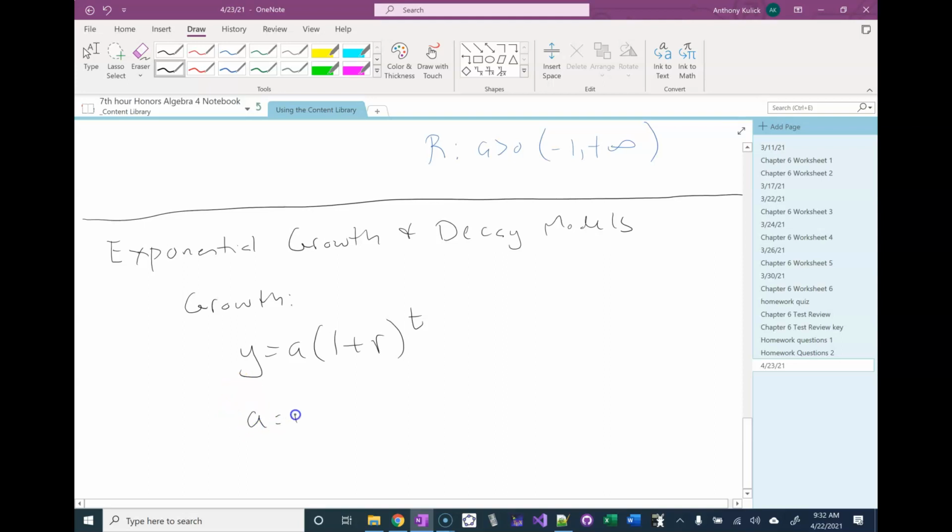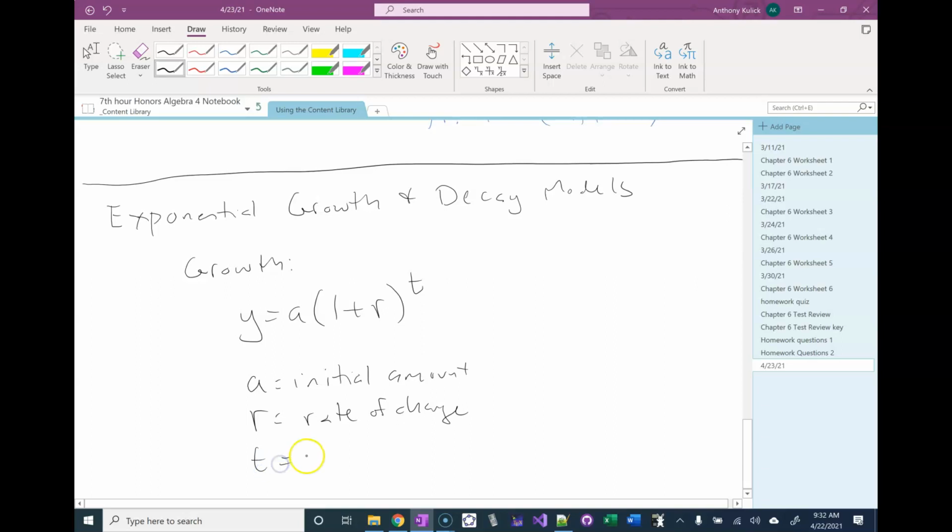So a is like the initial amount or value or cost or whatever. r is the rate of change. And t is the time interval. And that interval needs to match the units for the rate of change.